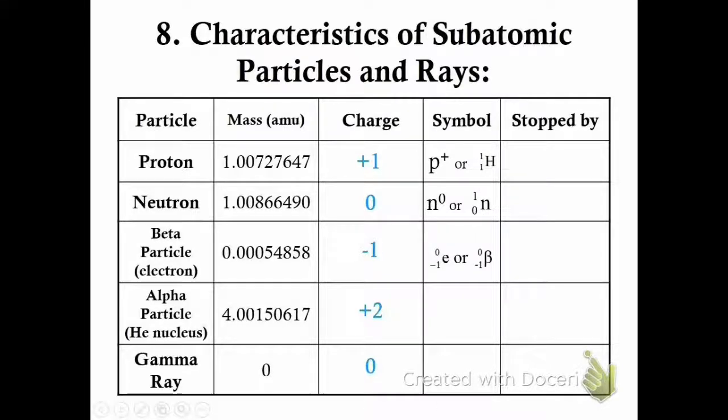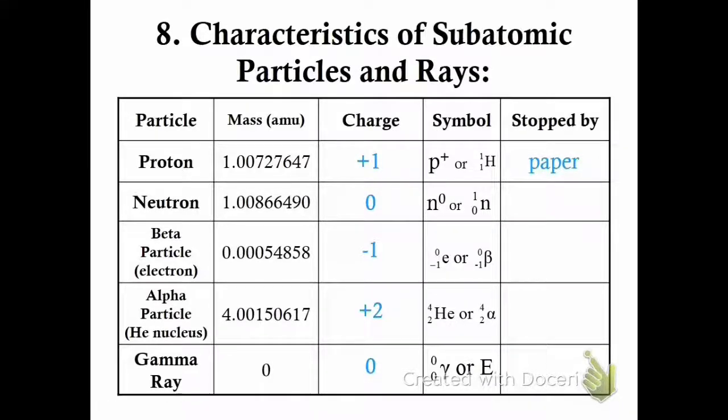Beta particles, which are just electrons, can be written as e with a -1, or you can write it as a little beta symbol. Alpha particles can be written as helium because they're a helium nucleus, or a little alpha symbol, and they have a mass number of 4, and 2 of them are protons. And finally, gamma rays are just energy, so you can write them as either an E for energy, or this little Y-looking thing that is the symbol for gamma.